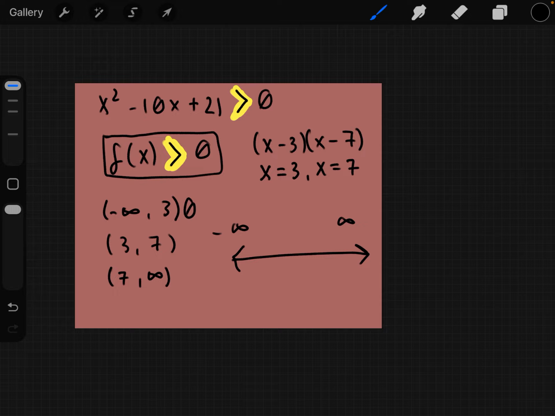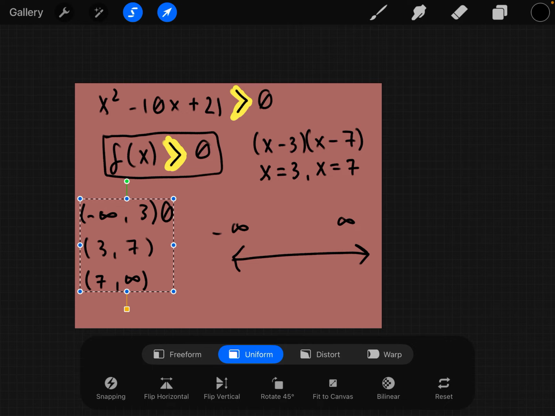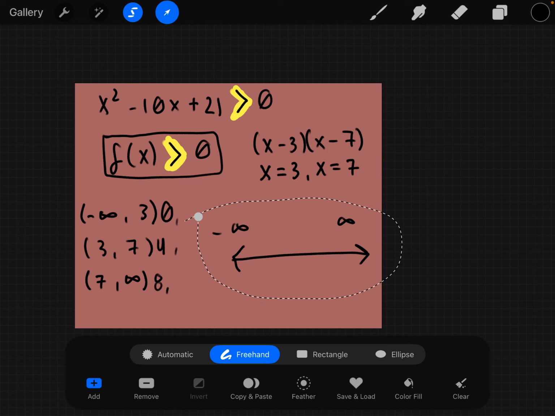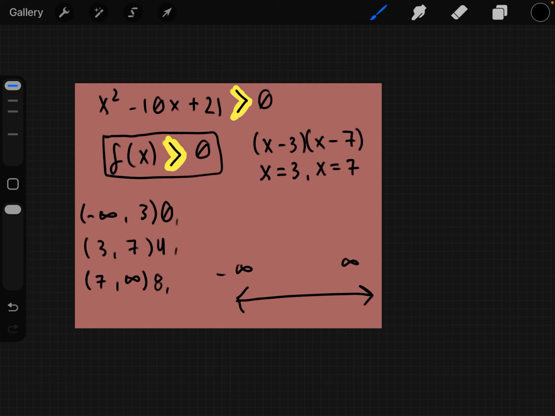I'm going to do 0, 4, 8. Just plug it in to your simplified function. 0 minus 3, minus 3, minus 7.